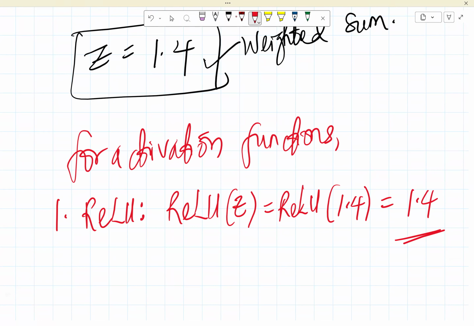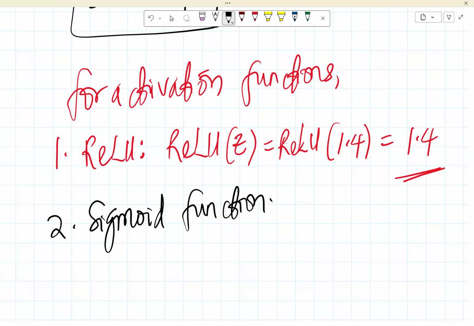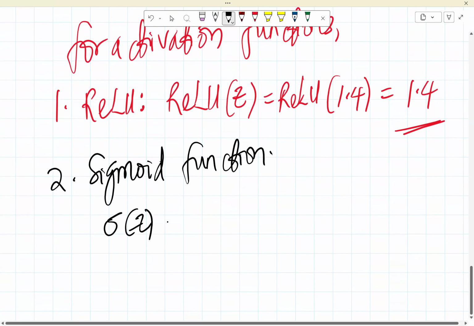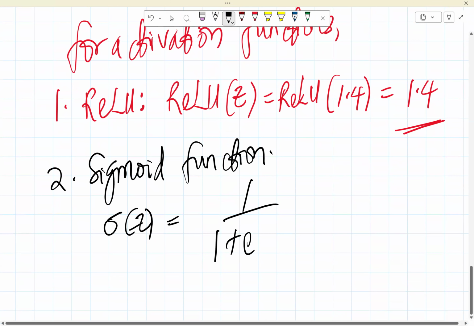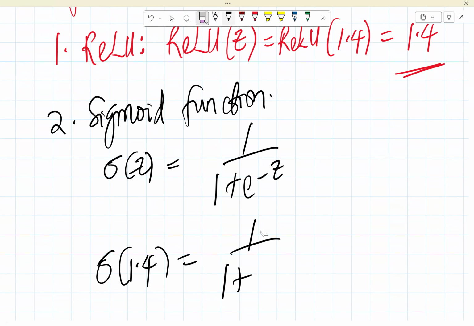Then for the sigmoid function, sigma of Z is 1 over 1 plus e raised to the power minus Z. So sigma of 1.4 will be 1 over 1 plus e raised to the power minus 1.4.